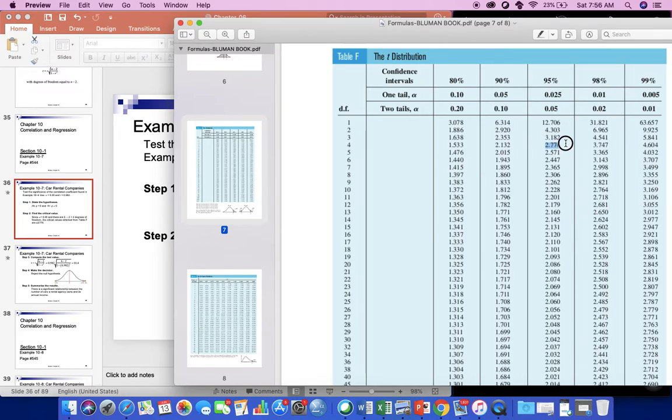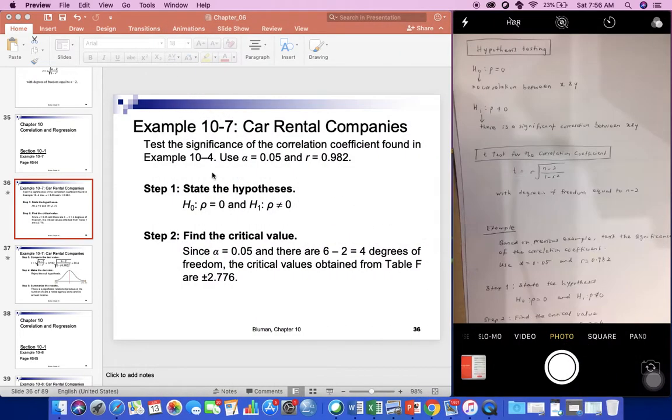So this one is 2.776. It is 2.776 because it is two-tail, so plus 2.776 and minus 2.776.